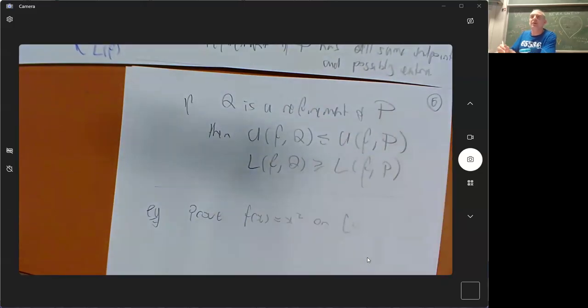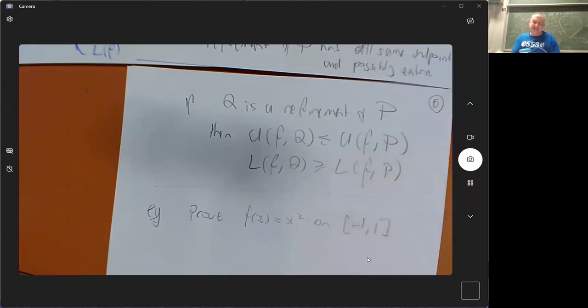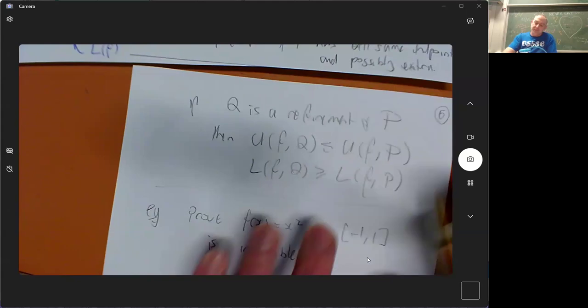Am I going to be annoying to myself and do it on a region where it's not strictly increasing?